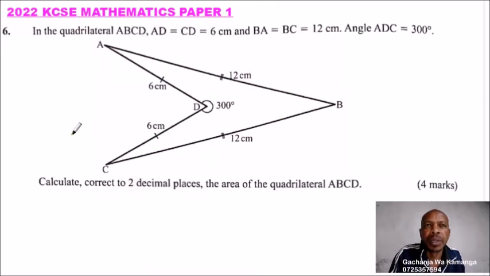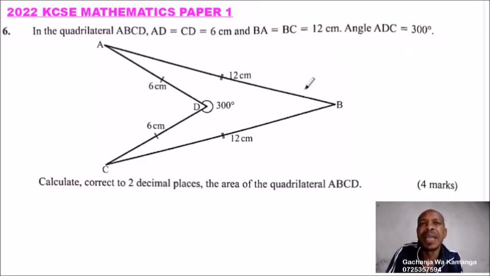So this is question number 6, 2022 KCSE Mathematics paper 1. We are told in a quadrilateral ABCD, AD is equal to CD is equal to 6 centimeters. We have shown that.